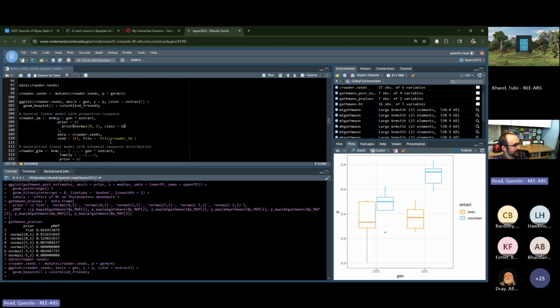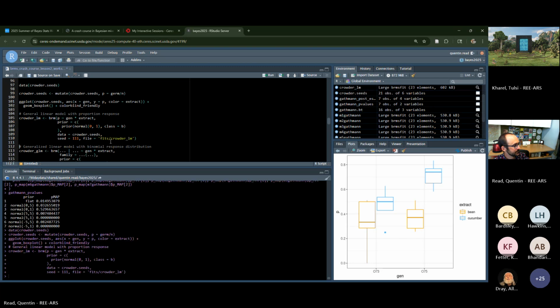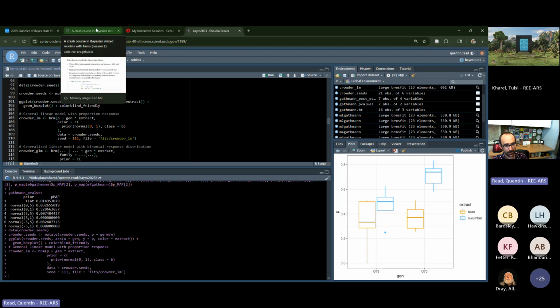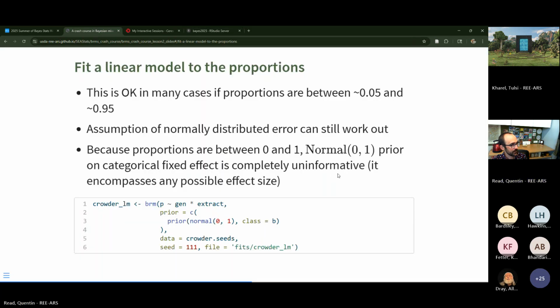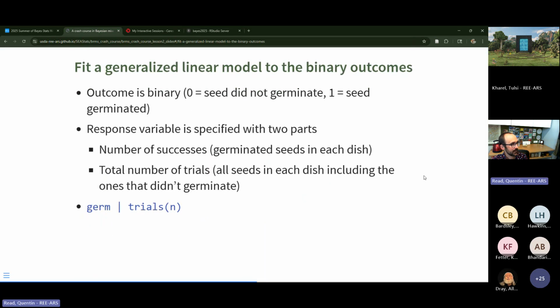Okay, let's run that. We won't look at the output of it yet. That's one way to do it.